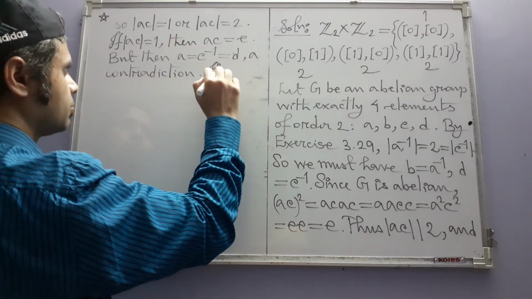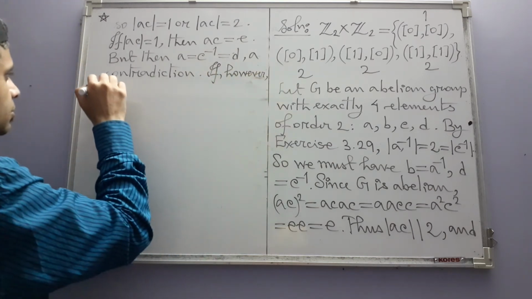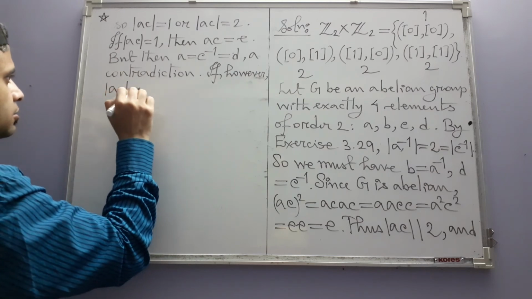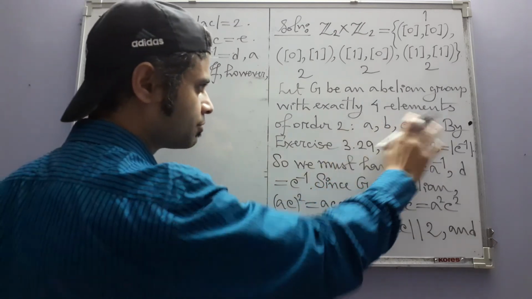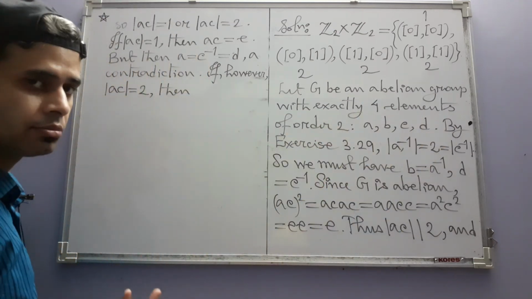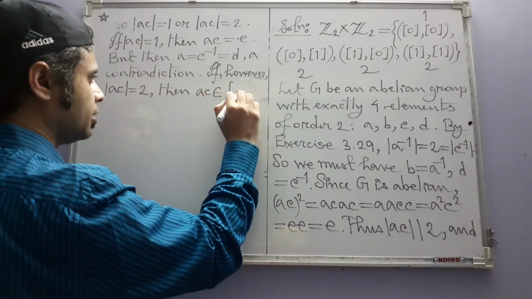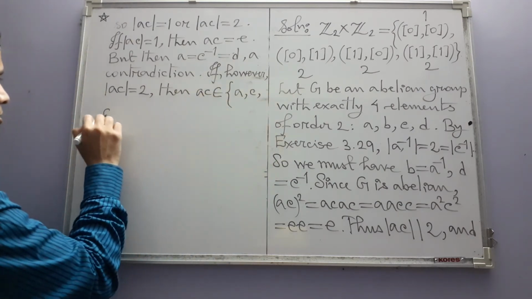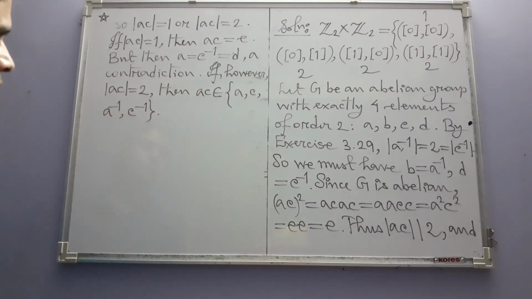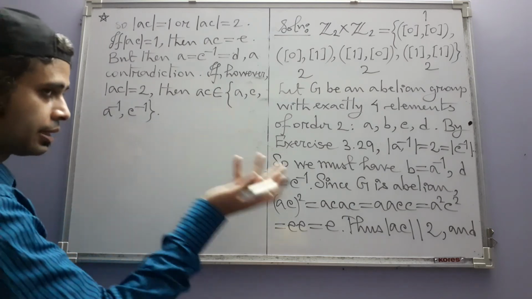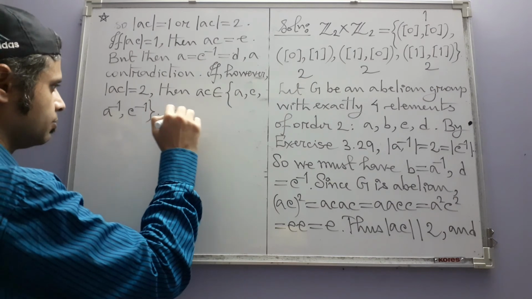If, however, the order of AC is 2, then it must be one of these 4, because they are the only elements of order 2. So that means AC will have to belong to this set. Now again we will have contradiction. Let me show you why.